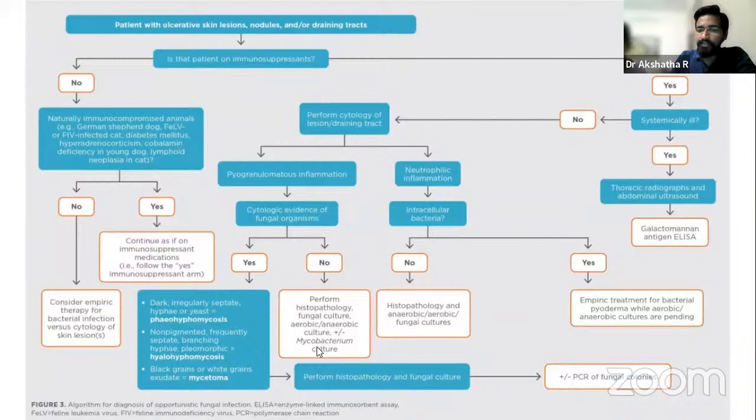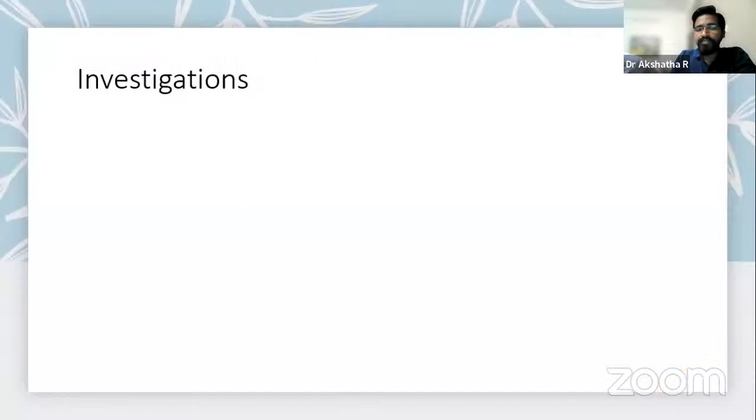For fungus, most commonly we see phaeohyphomycosis, hyalohyphomycosis and mycetoma. Phaeohyphomycosis involves melanin-producing, pigmented organisms; hyalohyphomycosis is non-pigmented.